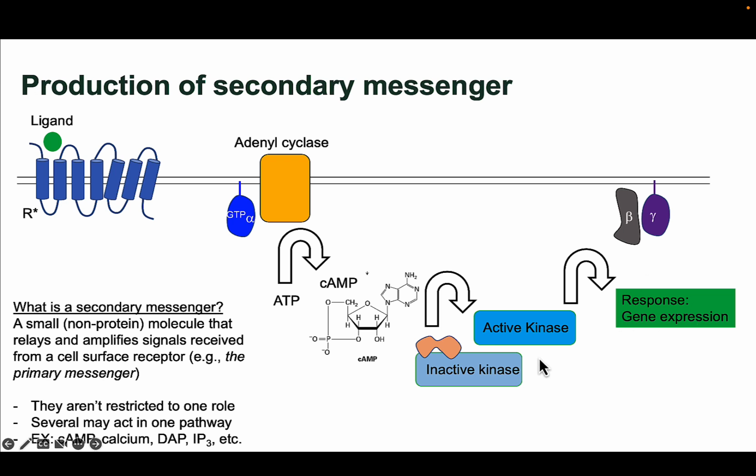A common theme I'll point out is that in signaling pathways, we see a lot of kinase activation. Adding phosphate groups to proteins is a really easy way to turn proteins on and off very quickly. And so it's quite common to see kinases in pathways, and we'll take a look really quickly at another pathway that really only uses kinases.